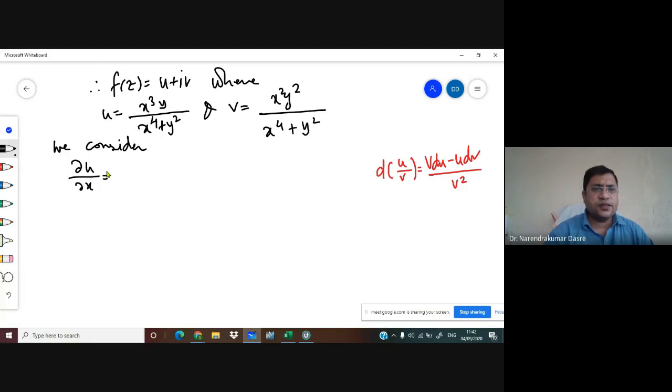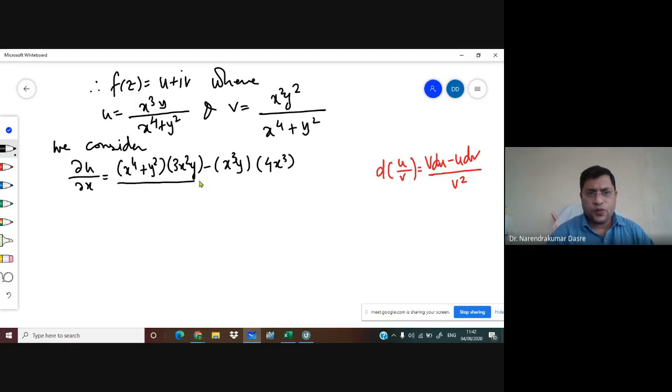And hence we consider here this is going to be u, this is going to be v. So we have x raised to 4 plus y square into 3x square y minus x cube y, and you will be having 4x cube here, this term divided by x raised to 4 plus y square bracket square.